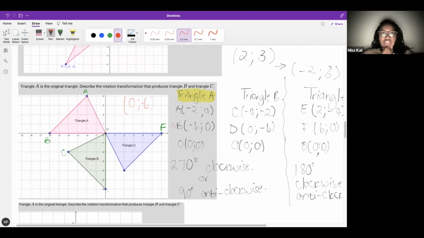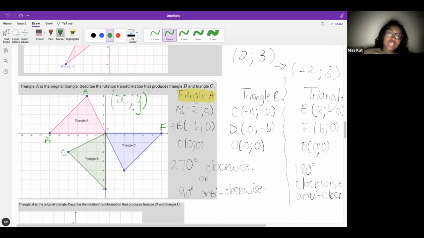Because remember, Elijah, this is directions, right? X tells you where you go left and right, and Y tells you where you go up and down. Do you agree? Yes. So always write coordinates as X first and then Y second. The -6 tells you first walk 6 to the left.